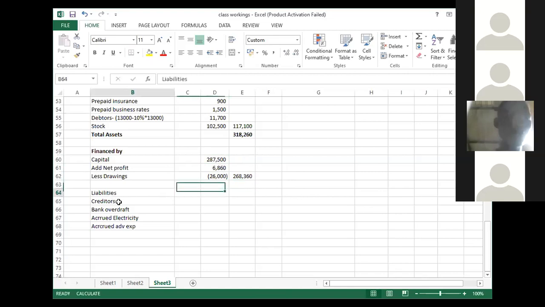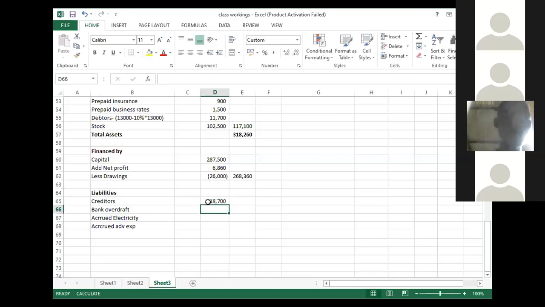And then you go to the liabilities. In liabilities, we have creditors. What was the amount for creditors? 18,700.